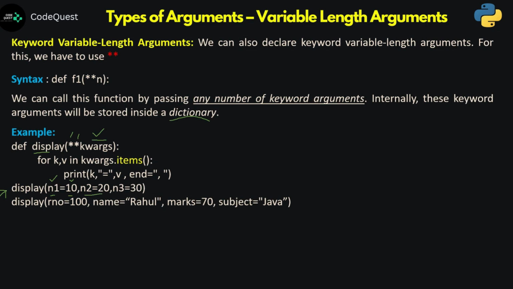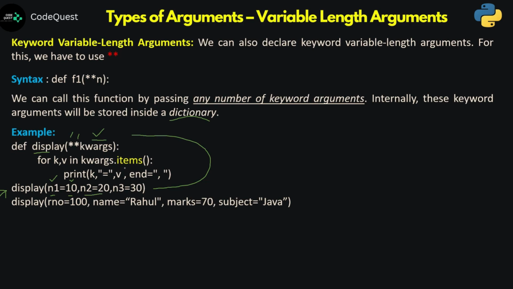When this call is made, the control goes here, and this kwargs is going to take up all these elements in the form of a dictionary, where n1 is the key and 10 is the corresponding value, n2 is the key, 20 is the corresponding value, and n3 is the key and 30 is the corresponding value.